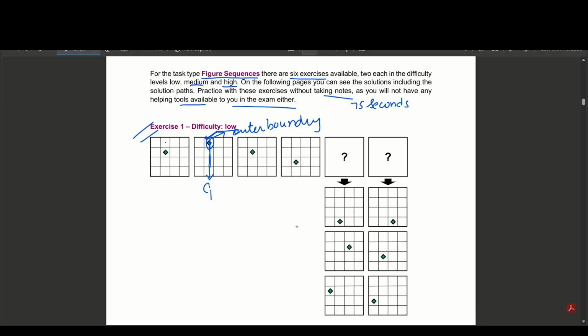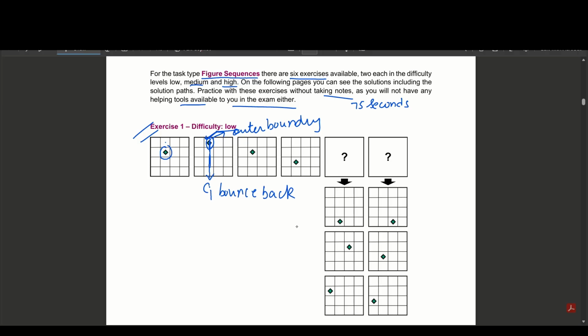I have already told you that if this shape, you can say a diamond type of shape, is there, then it will bounce back either horizontally or vertically.